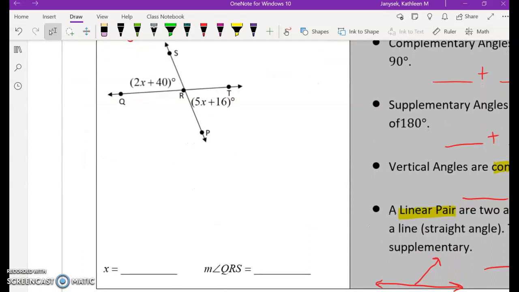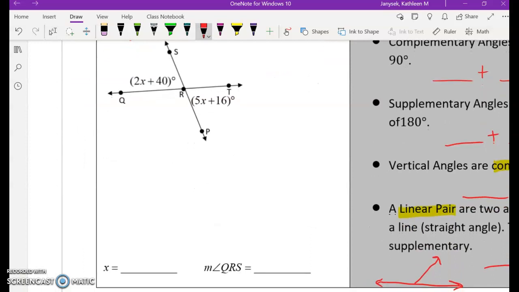So our equation then is we're going to have two things that are equal to each other. And that's these two angles, this one and this one, because they're across from each other. So we've got on one side 2x plus 40, and on the other side of the equal sign 5x plus 16.